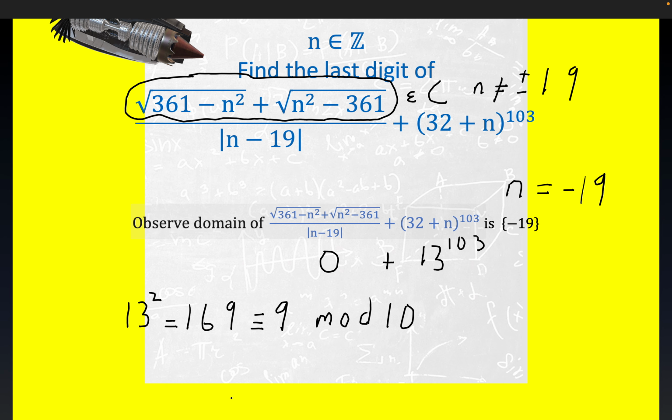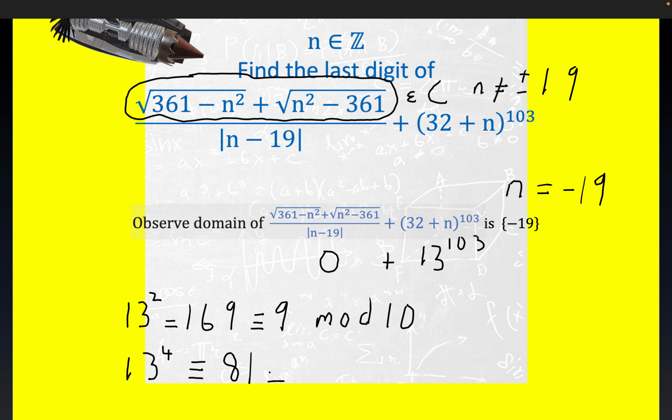All right. And then also you can see very quickly here that 13 to the 4th is going to be congruent to, if you square this side, you get 81, right? Which is congruent to 1, and that's very good news. It's called the order of this element, folks.